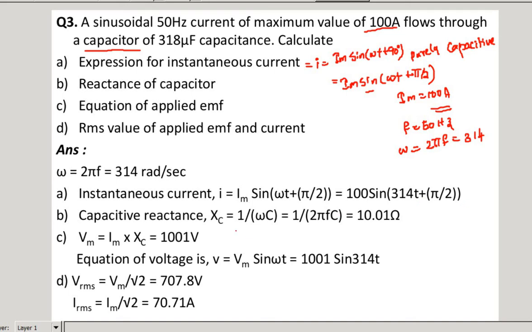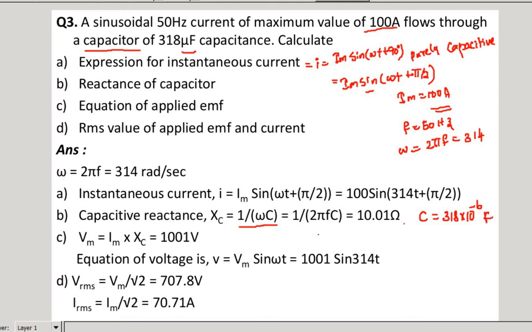Now, what is capacitive reactance? The equation for capacitive reactance is 1 by omega C. We already know in the question they have given C is equal to 318 microfarad. So, you have to write it as 318 into 10 raised to minus 6, because it is given in microfarad, and we have to convert that into farads.